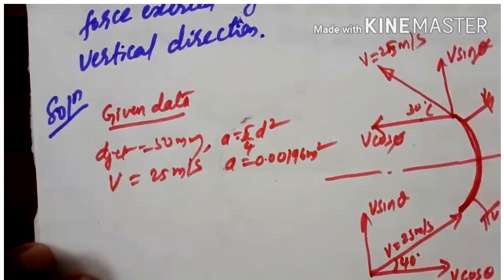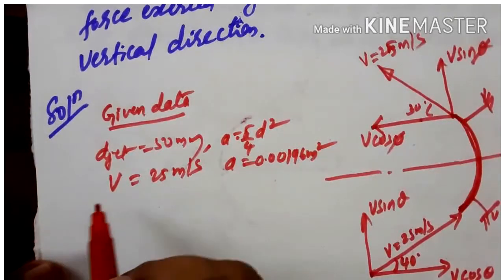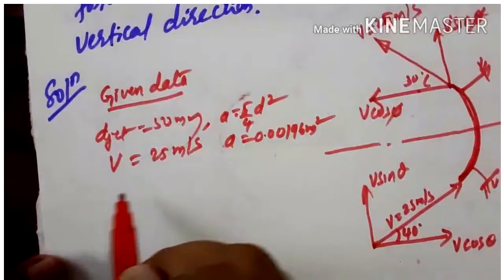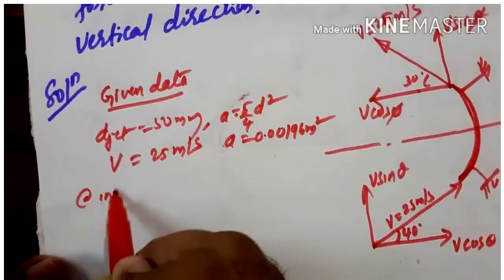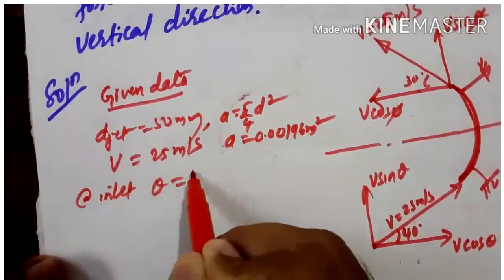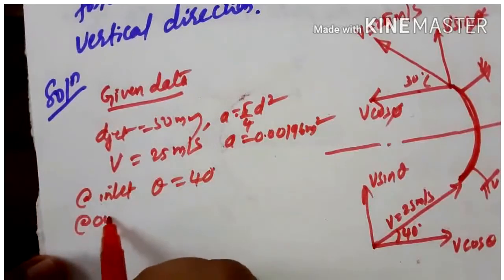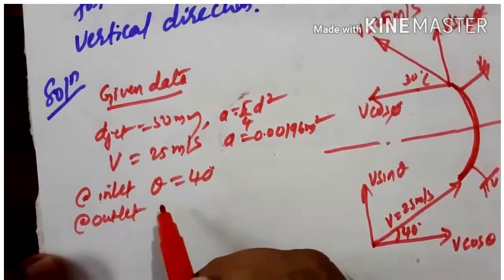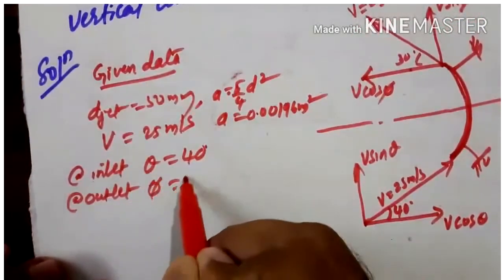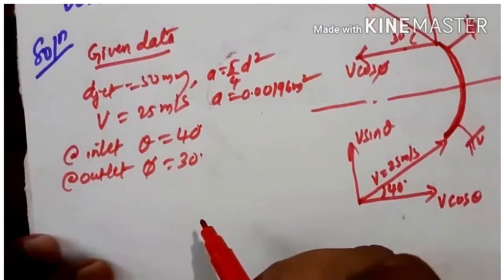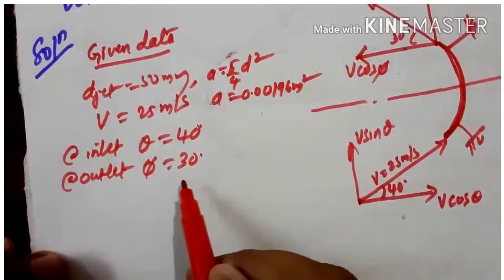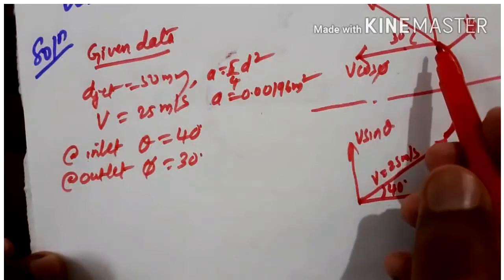The angle made by the jet at the inlet, theta, is 40 degree, and at the outlet the angle made with horizontal, phi, is 30 degree.